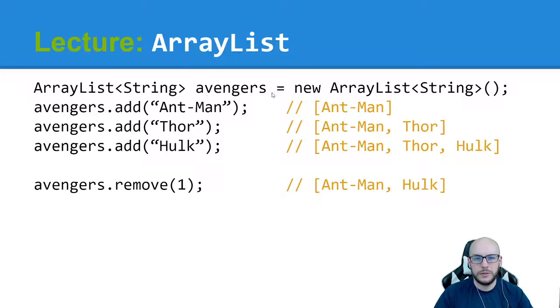Here we see our example. We're starting out with nothing. We're adding Ant-Man and Thor and Hulk. So this is the current state of my array list. When I get down to this remove method, we're going to remove 1. Well, 0, 1, that's Thor. Notice that Thor gets deleted, but not only does Thor get deleted, Hulk is going to shift over and close up that gap. That is awesome. Think about that for an array.